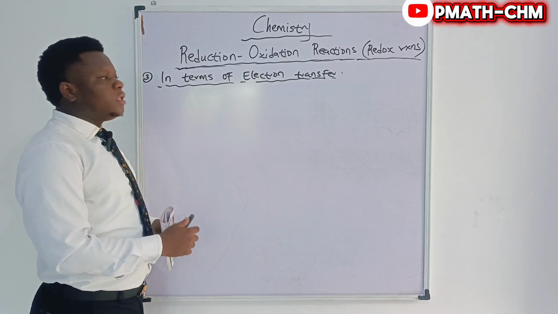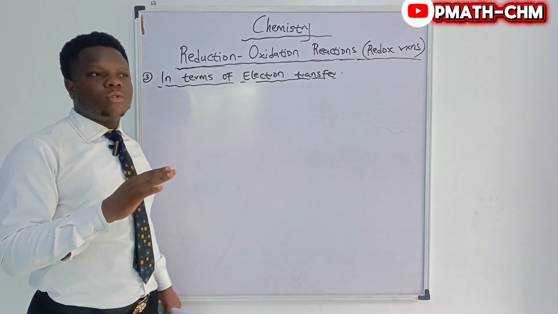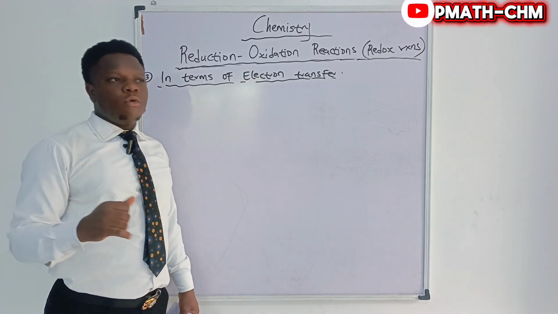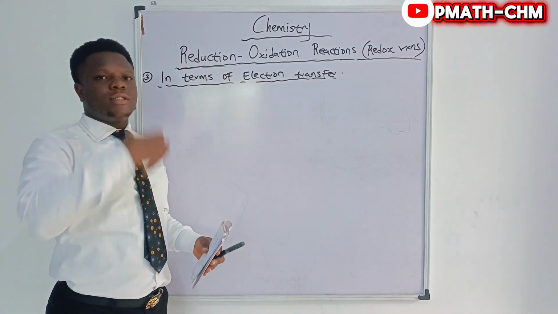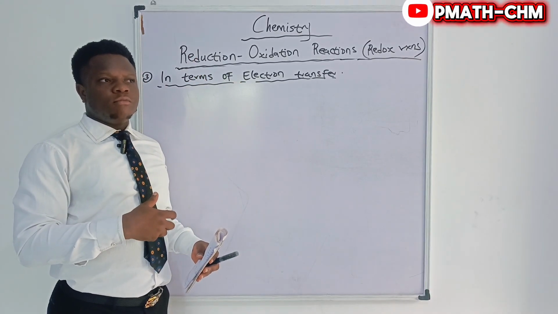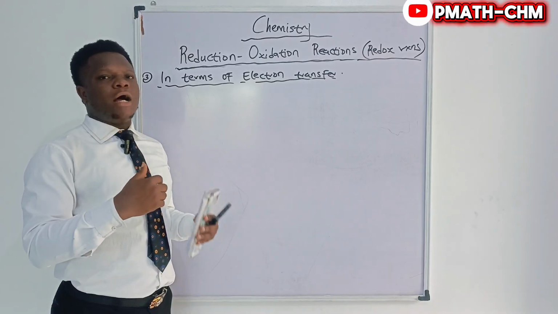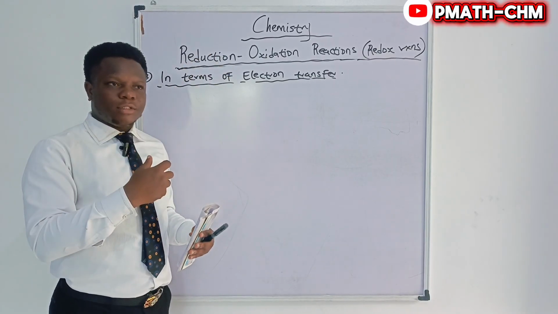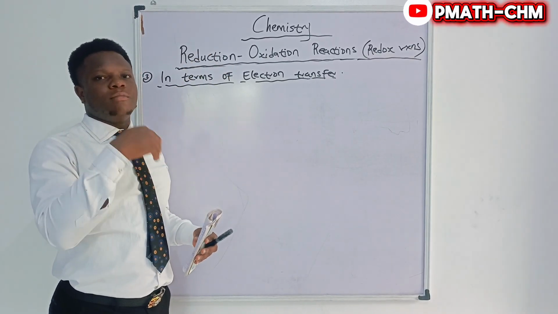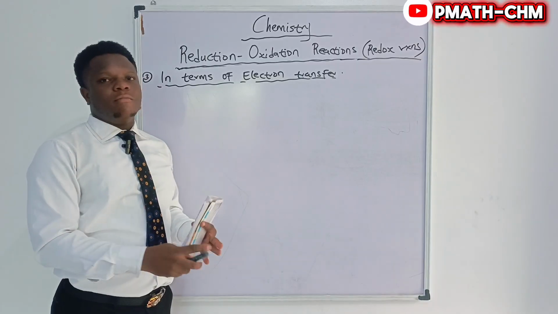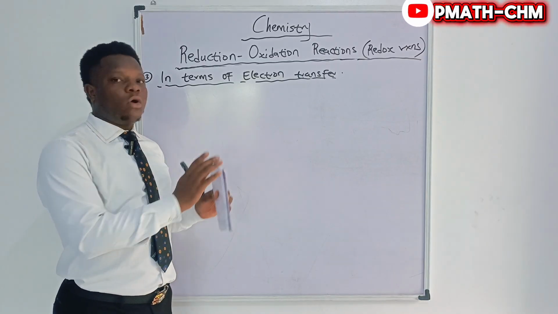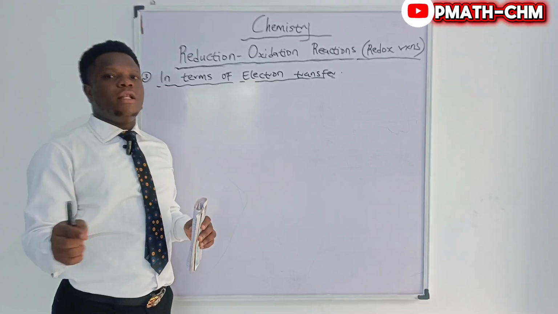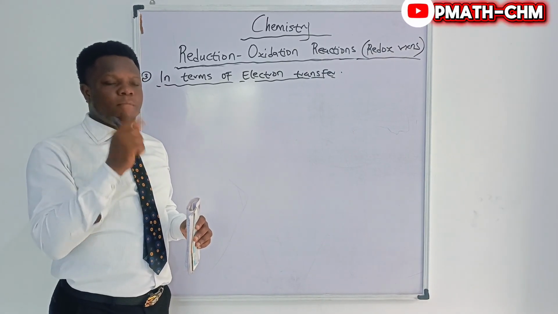Now, from what we've learned about electrovalent combination, which is a type of chemical combination that involves the transfer and reception of electrons, we've learned that whenever electrons are being transferred or received, an atom gains a charge. Normally, atoms are electrically neutral because they contain equal numbers of protons and electrons.